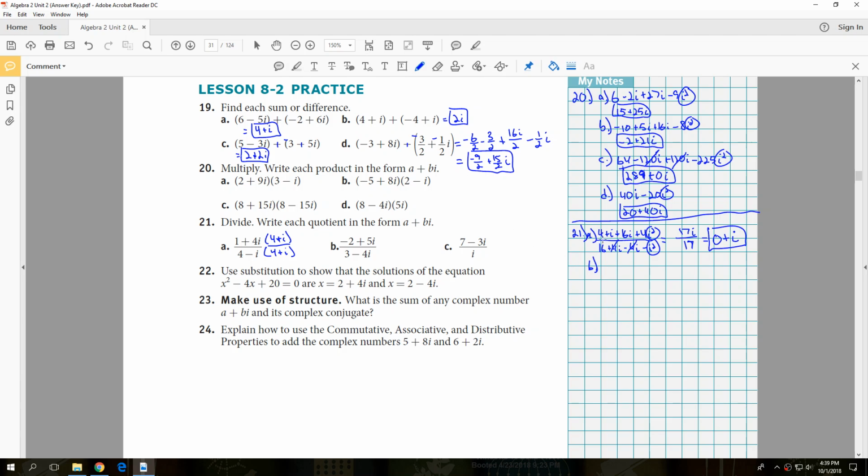Alright, so b, I'm going to multiply by the conjugate here, so in this case I'll put my work over here, start it over here anyways, 3 plus 4i, 3 plus 4i. Alright, and so when I multiply this out, I will get negative 6, and then that is minus 8i, and then plus 15i, and plus 20i squared.